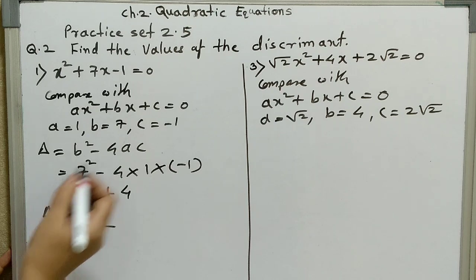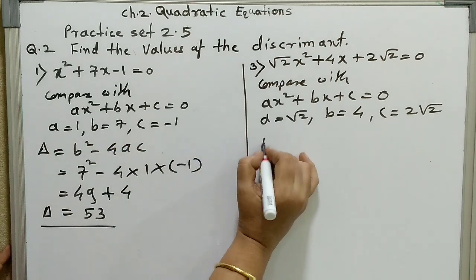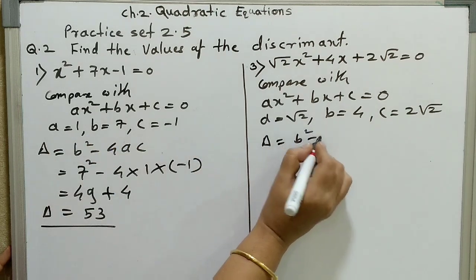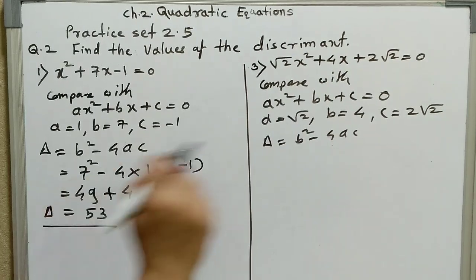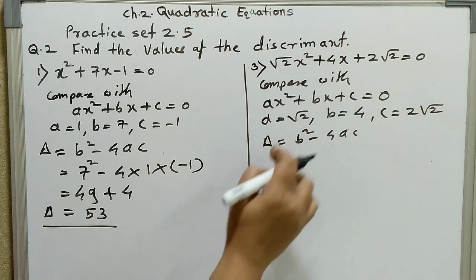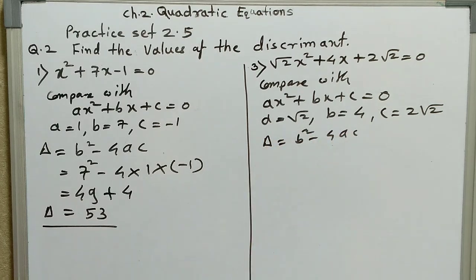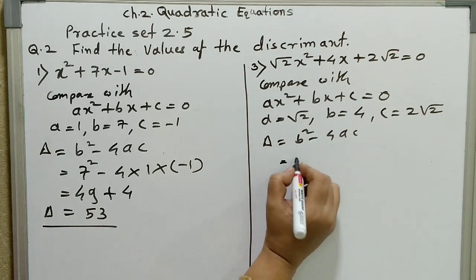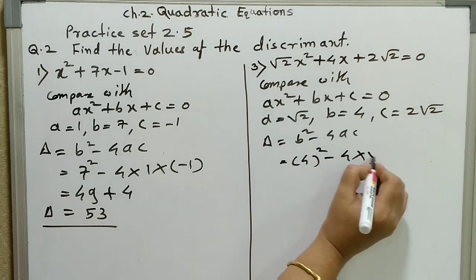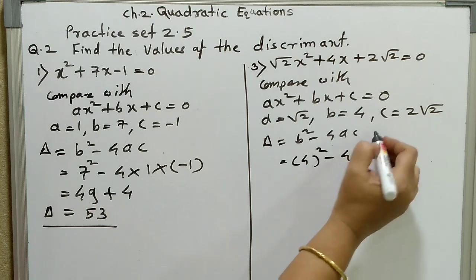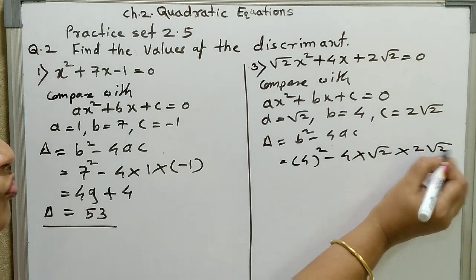So first we find out the value of the discriminant. Delta is equal to b square minus 4ac. The value of b is equal to 4. So 4 square minus 4 into the value of a, root 2, and the value of c, 2 under root 2.